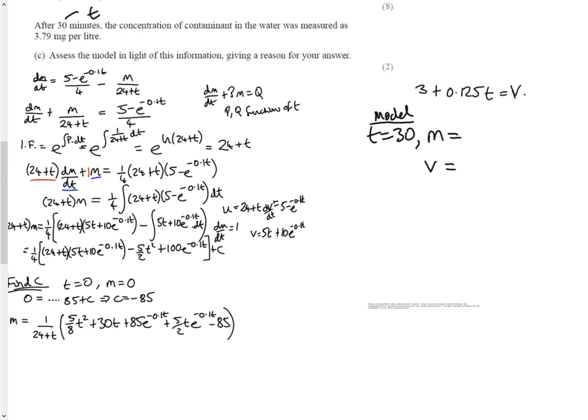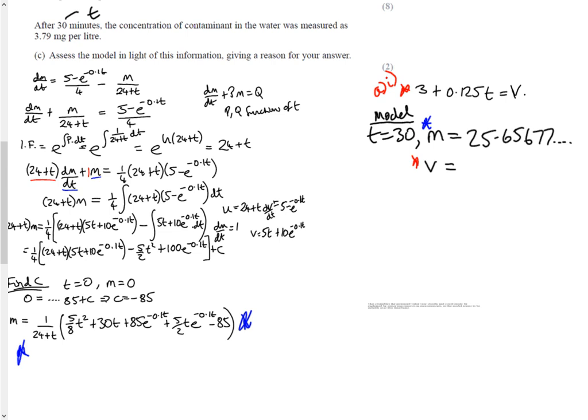So M, we just get by putting T equals 30 into our expression for M, and you should be able to get 25.65677 and some more numbers. Then V you get from this expression. Now this was our answer to the very first question, part 1.